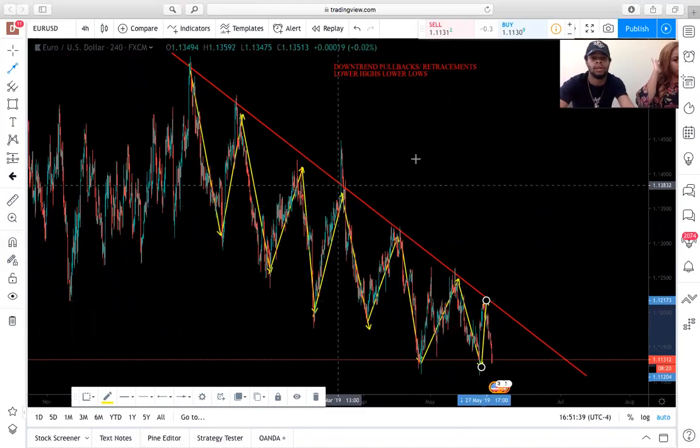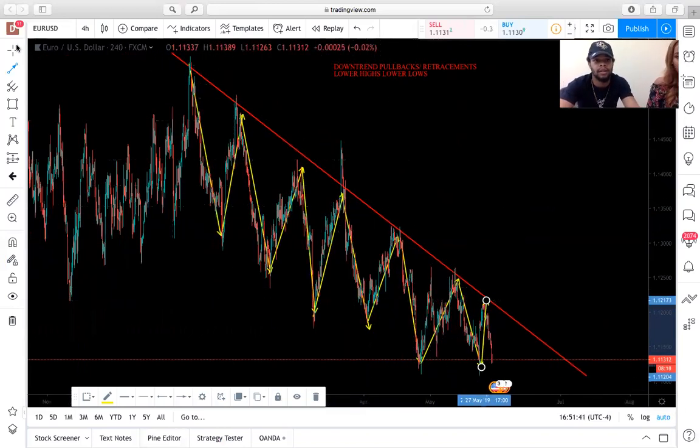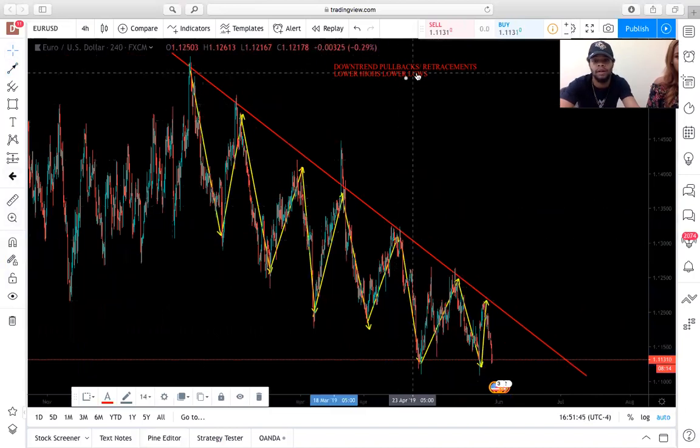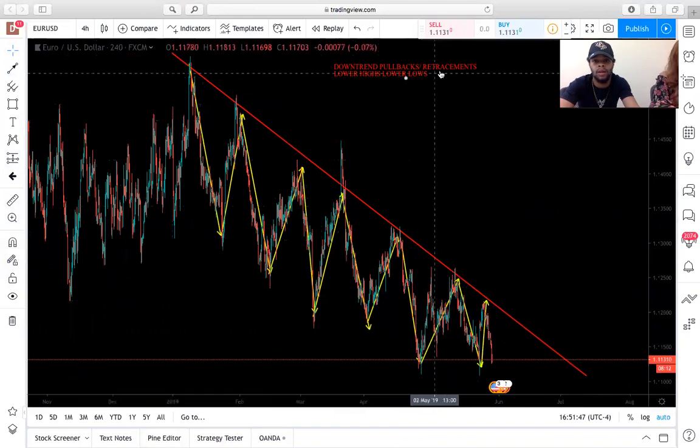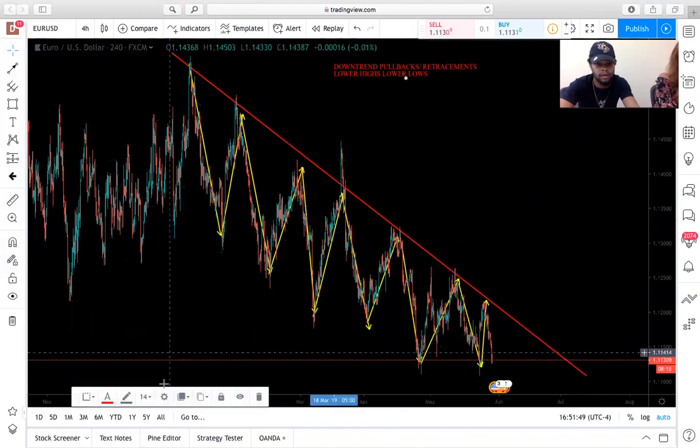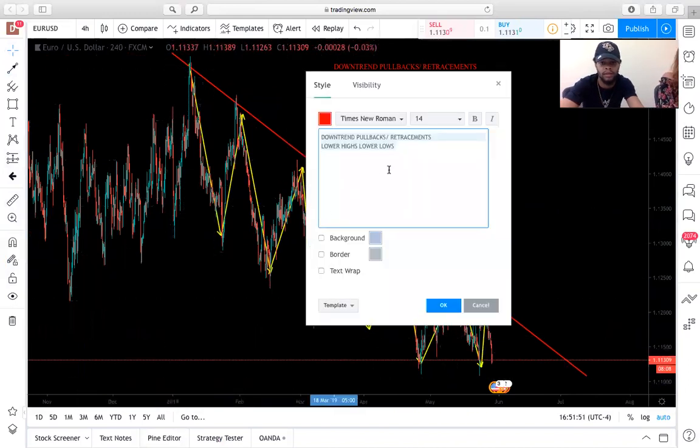So right here, okay. Settings. I've got something else to write. The low has to be lower than the previous one.